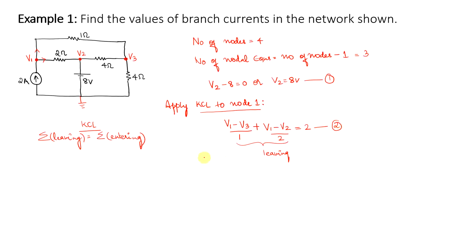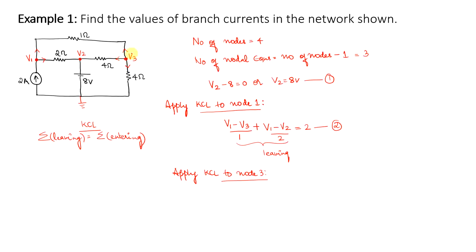So we have finished applying KCL to node 1. Now let us apply KCL to node 3. Again you need to consider all the currents to be leaving the node.